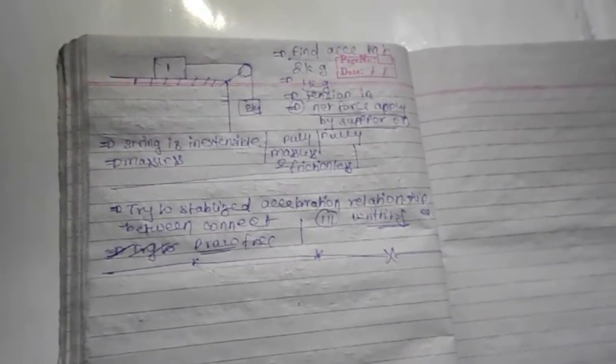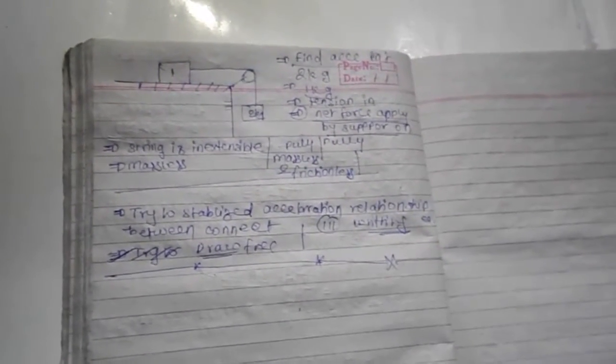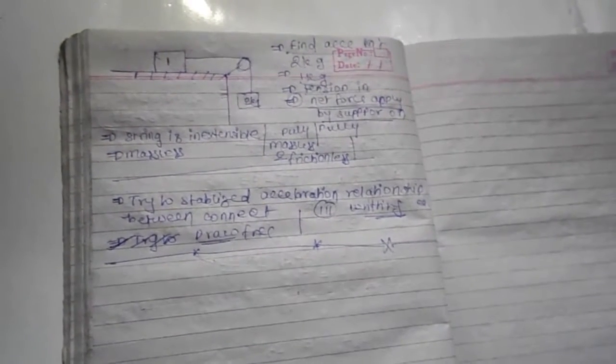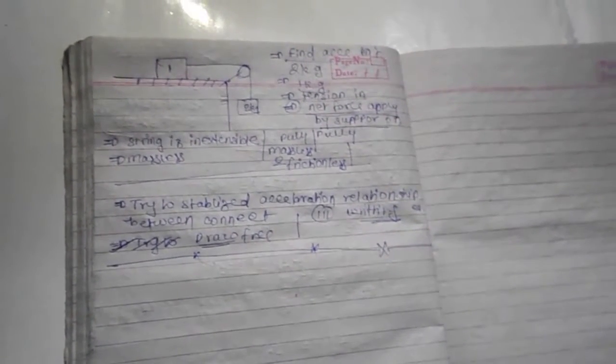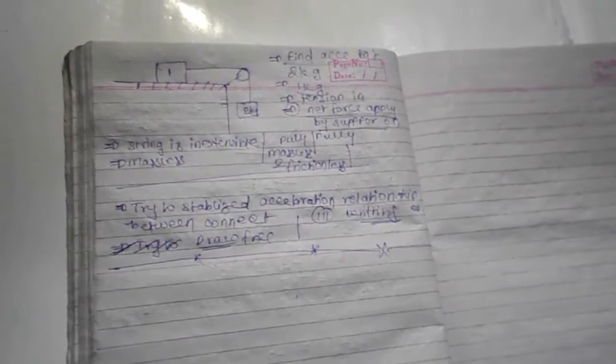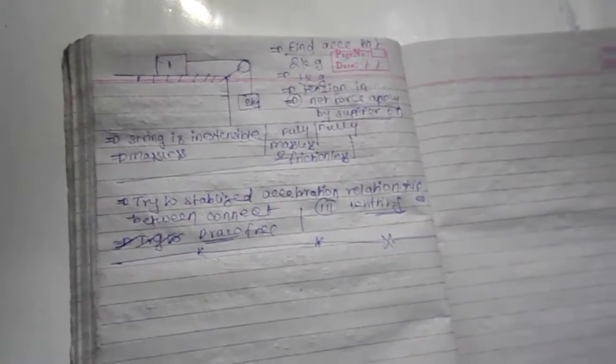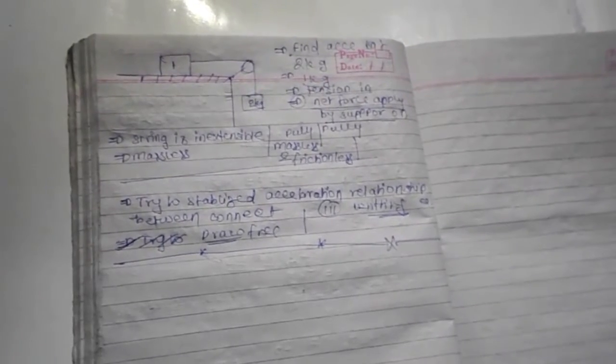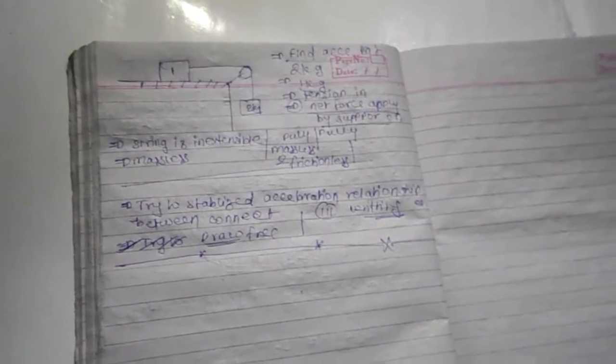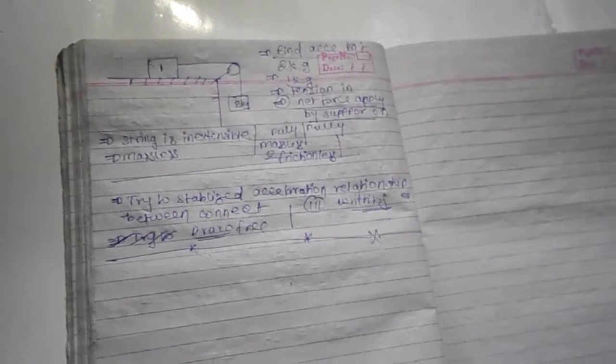I suggest you don't try to memorize things, especially in physics. You should not even try to memorize the formulas; memorize what the relation should be. Use your geometry, whatever you studied in class 9th and class 10th. This question can be solved by simple geometry of lines, so be comfortable and don't be afraid of these things.